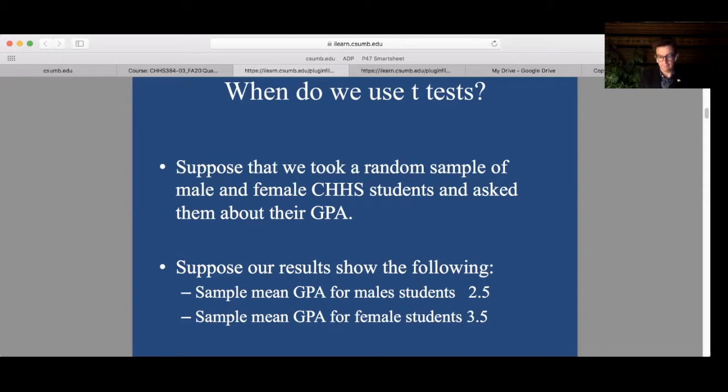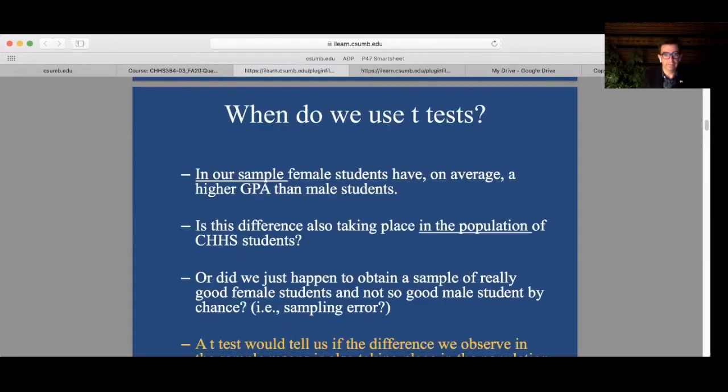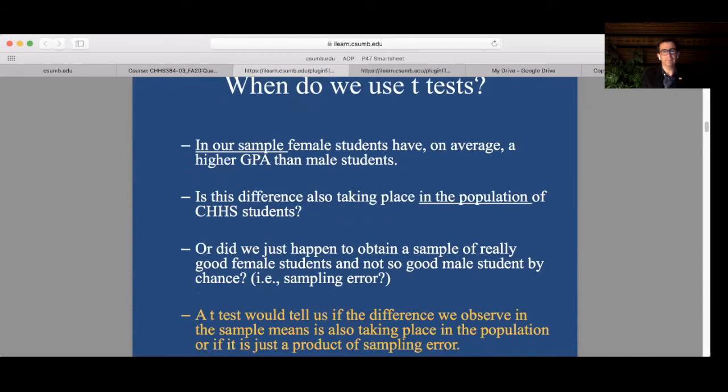We cannot say just with this sample result that in the population, CHHS male students have lower GPAs than CHHS female students. We would have to do a hypothesis test to rule out the possibility that the differences we observe in the sample are just there due to sampling error, right?